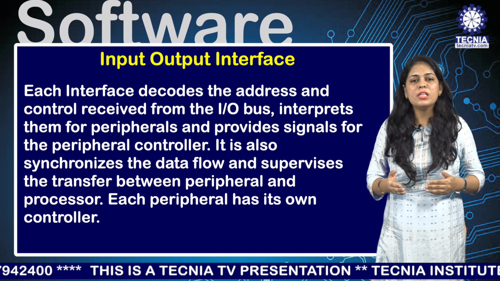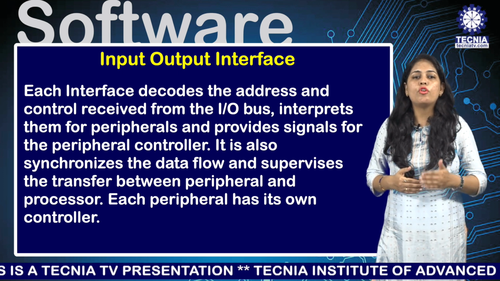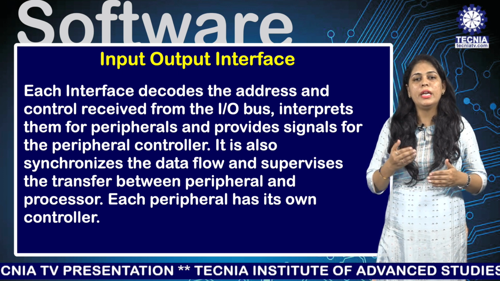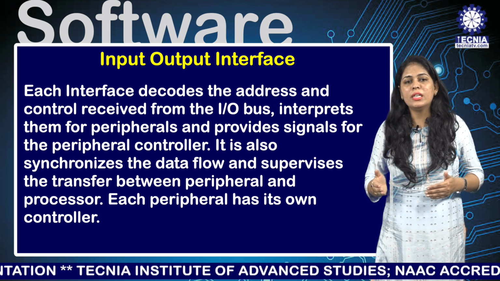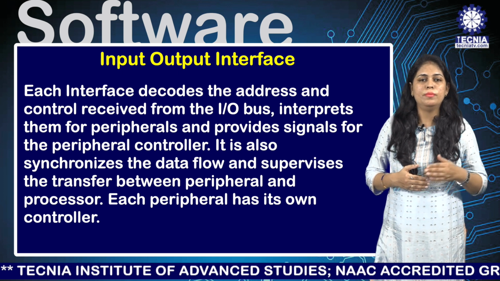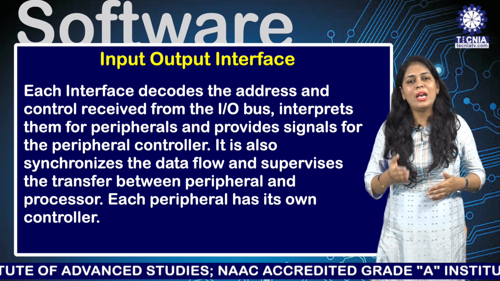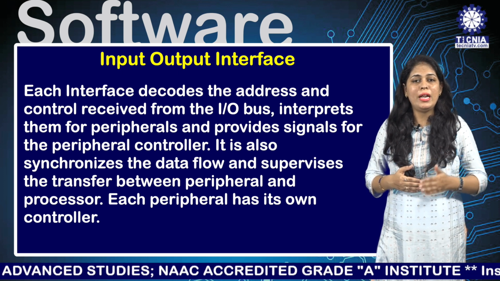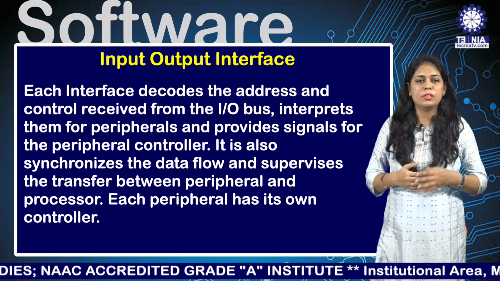Each interface decodes the address and control received from the input-output bus, interprets them for the peripheral and provides signals for the peripheral control. It also synchronizes the data flow and supervises the transfer between peripheral and processor.